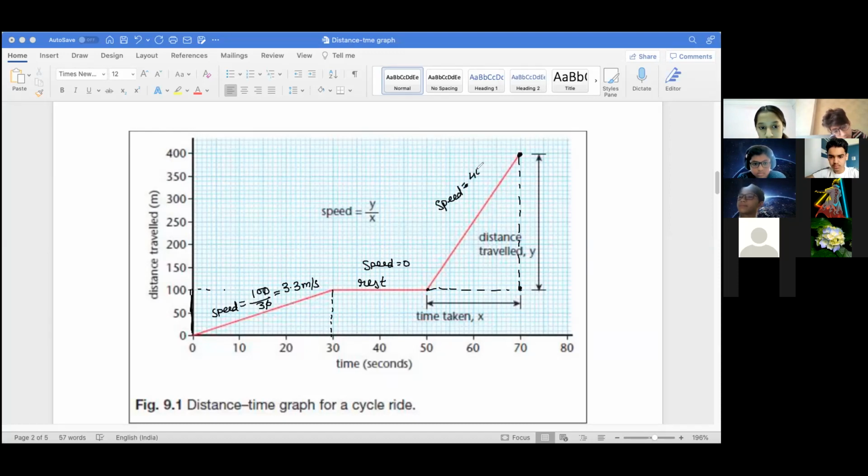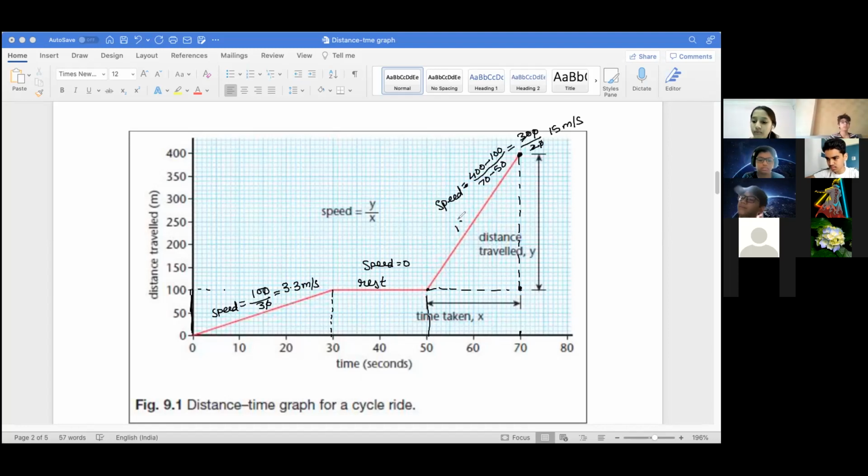So it is 400 minus 100 divided by how much? 70 minus 50, the bigger minus the smaller, which is 20. So the answer is 300 upon 20, which is 15 meter per second.